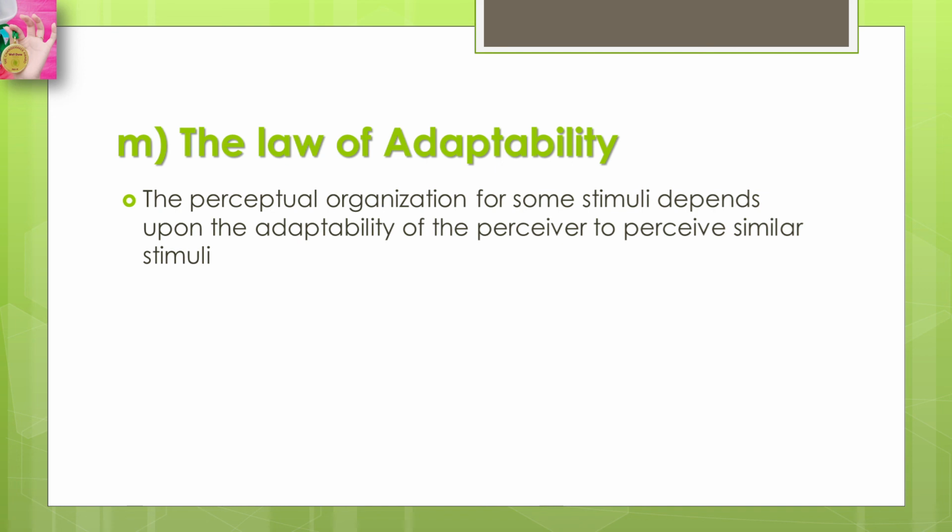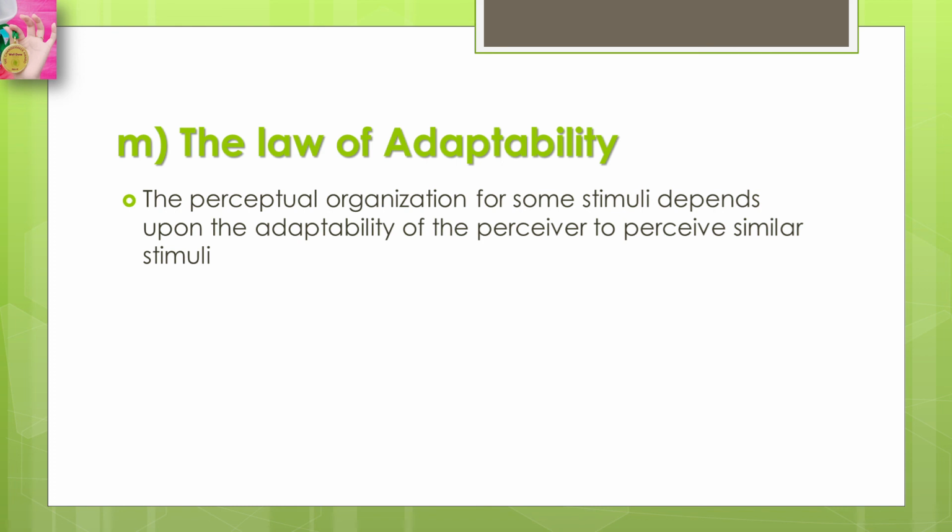The major weakness of the Gestalt laws of organization is that the laws are only descriptive statements, and they fail to explain why similar visual elements, or those close together, are grouped together.